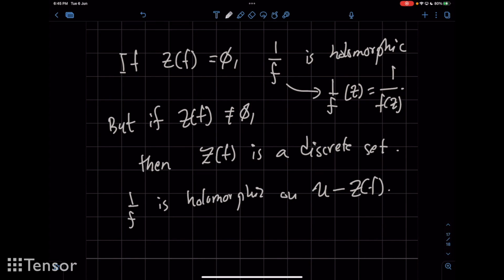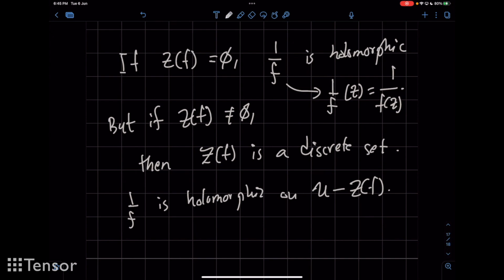Because we can basically define the domain to be U minus Z of f. So we can define 1 over f on U minus Z of f, and that function will be holomorphic.